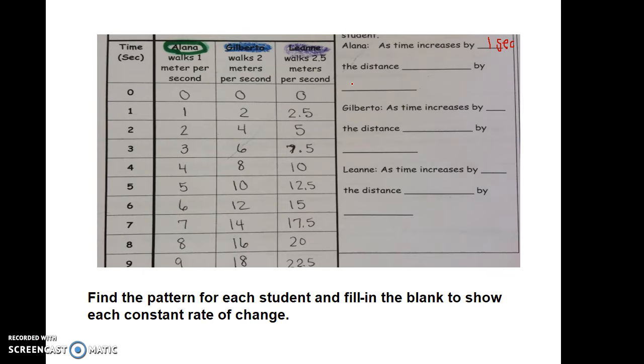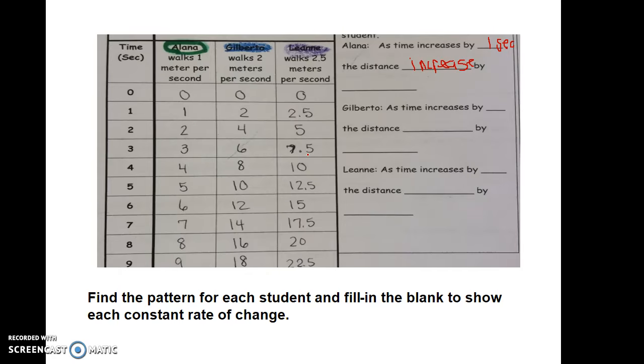the distance for Alana, her distance does what? It increases. It's getting bigger, so it increases by, what does it increase by? 1, 2, 3, what's the pattern?